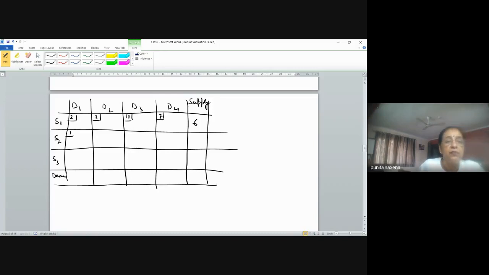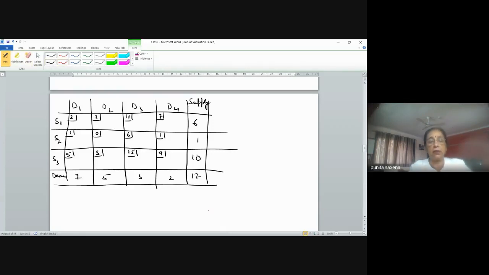Then 1, 0, 6, 1, 1. Then 5, 8, 15, 9, 10. And then we have 7, 5, 3, 2, right? 2, and summation ai was equal to summation bj, which is 70.